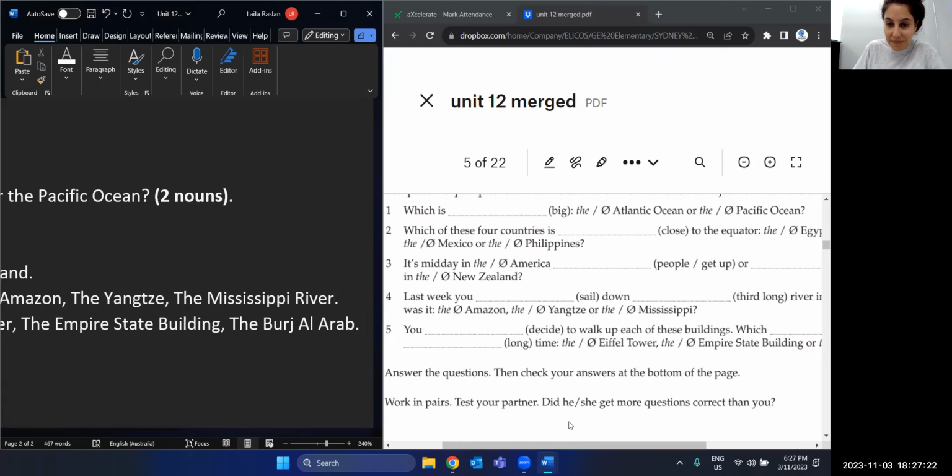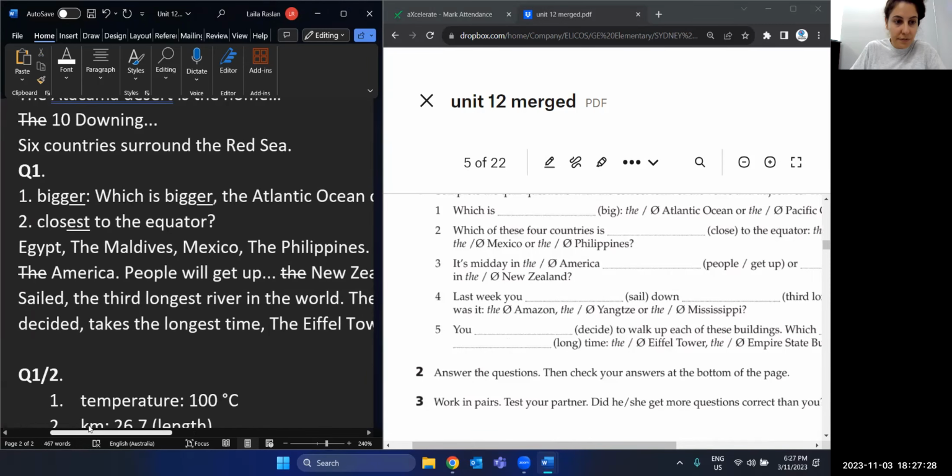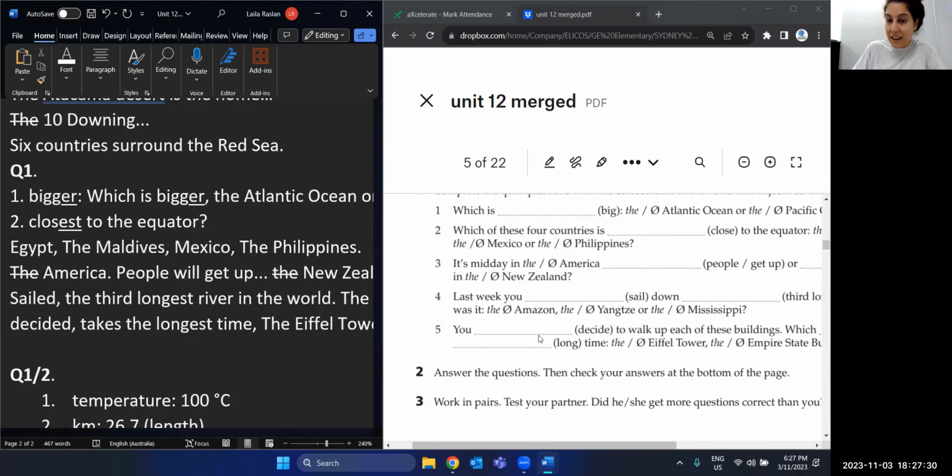And the last one. You decided to walk up each of these buildings. Which takes the longest time, because we want to compare.